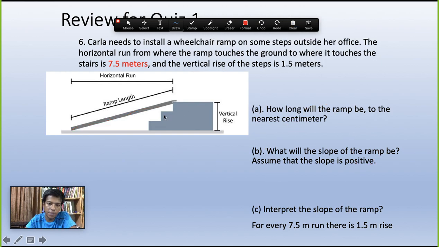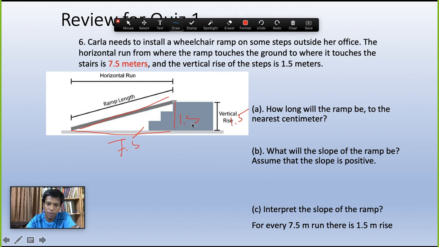They are saying the horizontal run, from here to here, is 7.5 meters. This is 7.5 and the height is 1.5. So this is 1.5. This and this are the same.